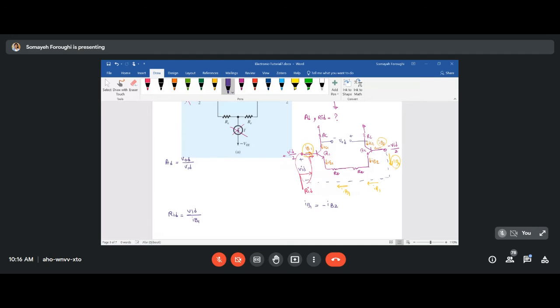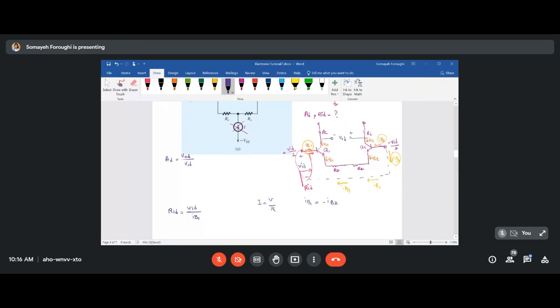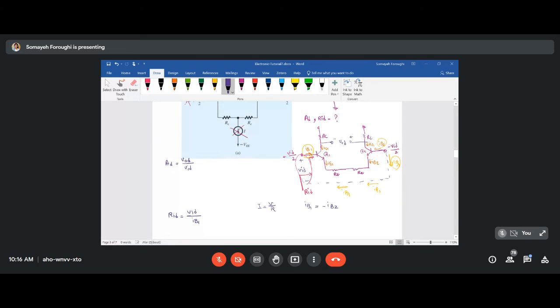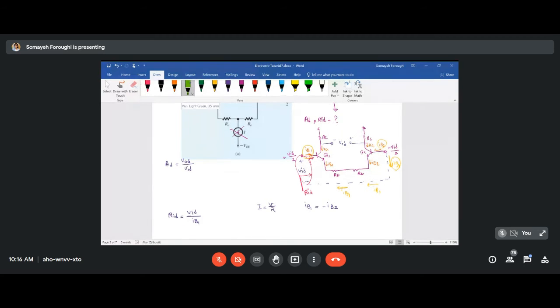And if that's so, for finding IB, according to Ohm's law, for finding current, you need to divide voltage by the total resistance, which you can see here. So finally, you can say the total voltage in this loop, guys, I'm talking about this loop.